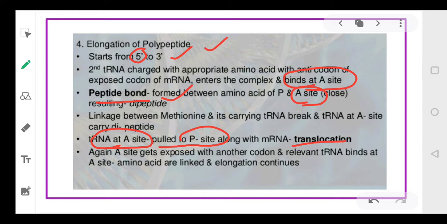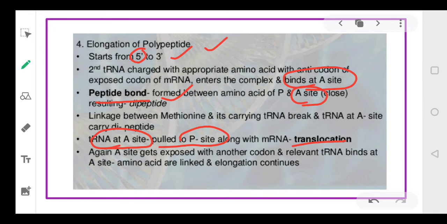In the first position, our methionine tRNA attaches with the P site and the second attaches with the A site. Now the P site will become empty, because the methionine amino acid has been transferred. Now the tRNA will leave the place. Now the tRNA which is present on the A site will come to the P site, and the new third tRNA will attach with the A site.